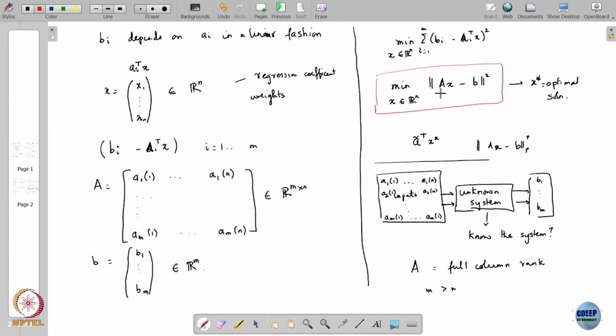This problem has a twice differentiable objective, and it is being optimized over the entire space of Rn. The full space of Rn is obviously an open set. So, this is an optimization of a twice differentiable function over an open set. Because of the nature of the function, it is just a simple quadratic function, this also admits a closed form solution using the pseudo inverse of A.